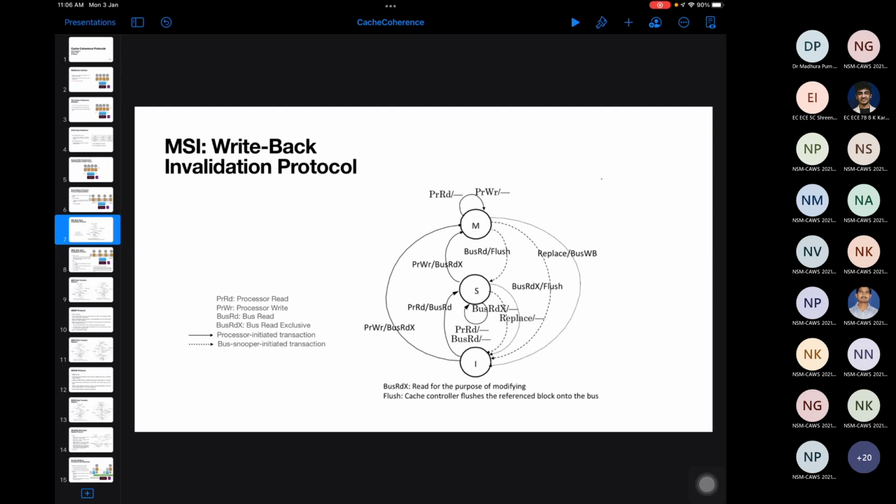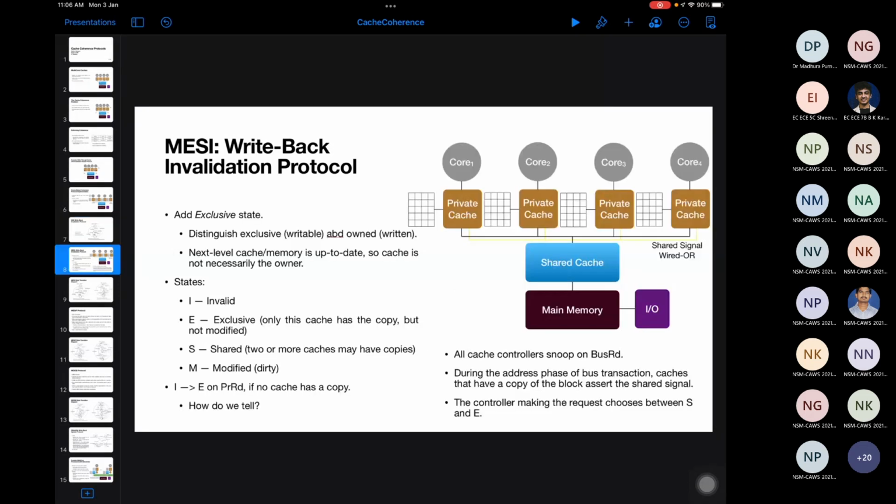And that is where there is a drawback with MSI, because if I know that I'm going to first read and then write, and no one else is going to have a copy of it, why can't I reduce the number of transactions placed on the bus to a single one? So with this idea, they came up with a modification to the MSI protocol, and that is the MESI protocol.